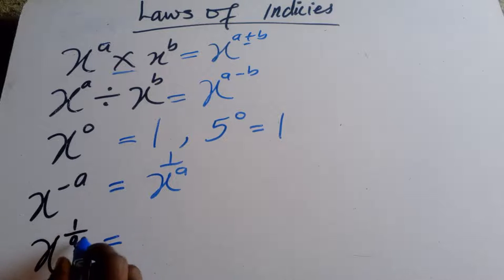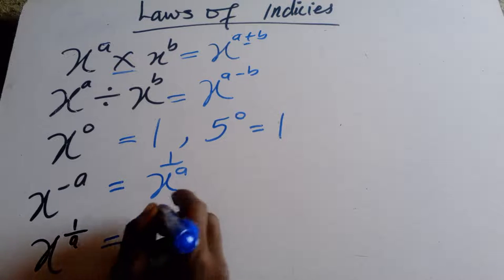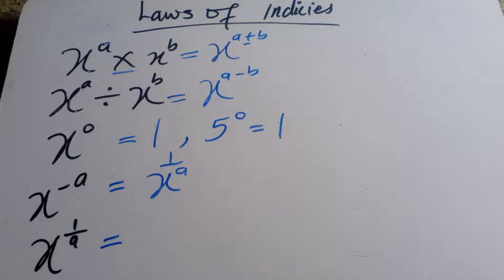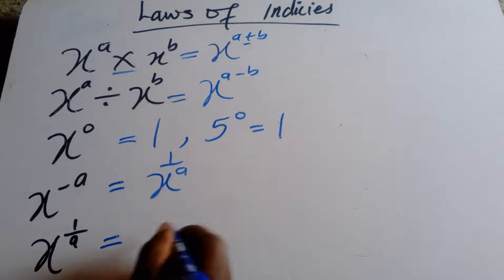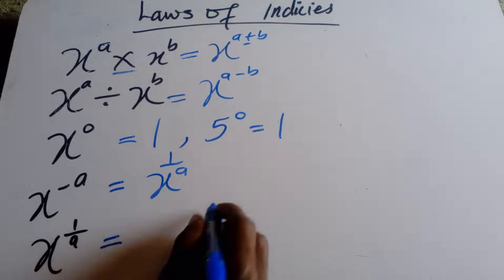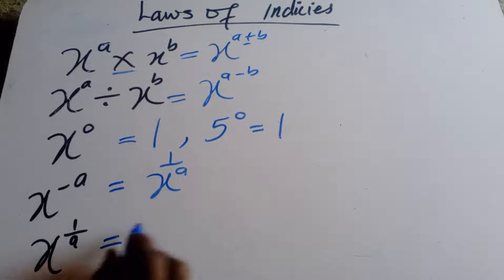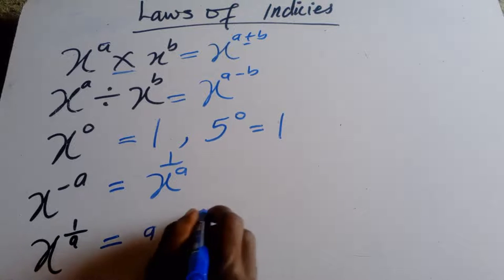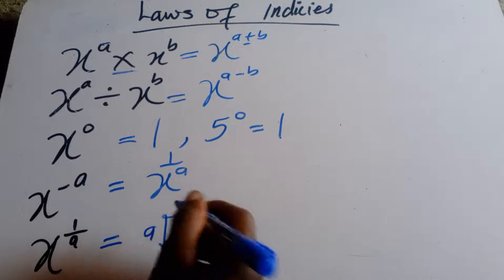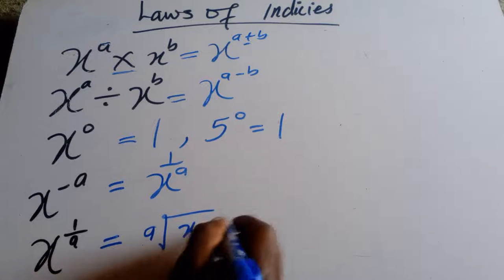Okay, lastly, you can take this law. When you have a problem like this, you can easily simplify it into the form of a square root. That is to say, 1 over 2 is representing the square root, but since this is a, you have to put a outside the square root, then you can put x inside.